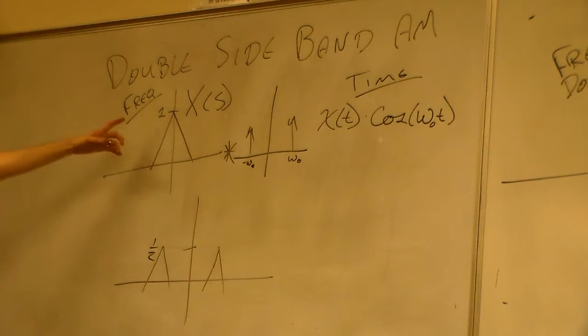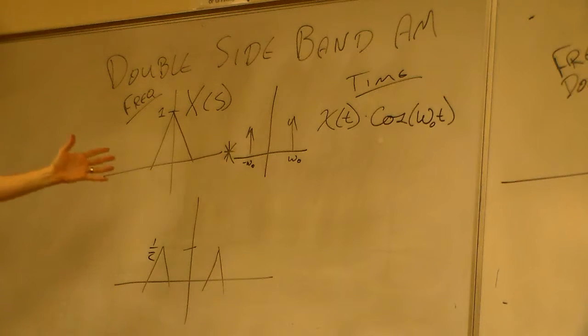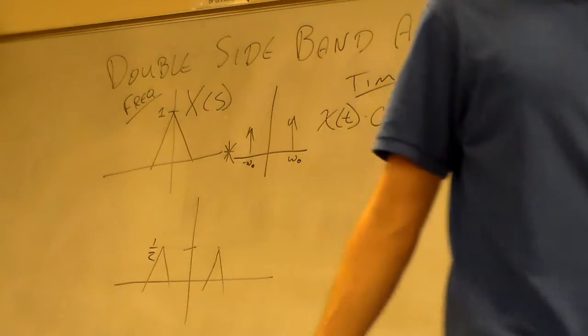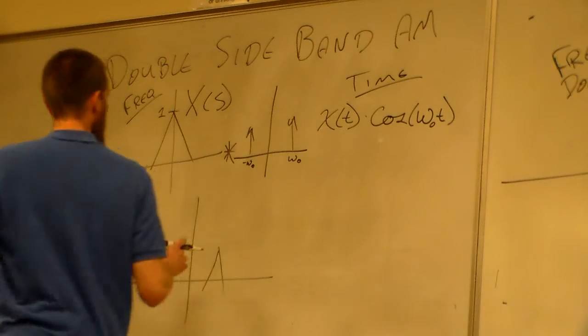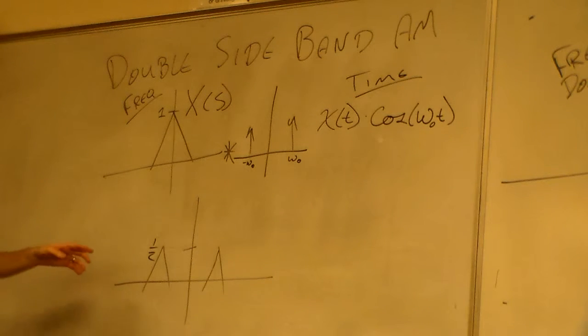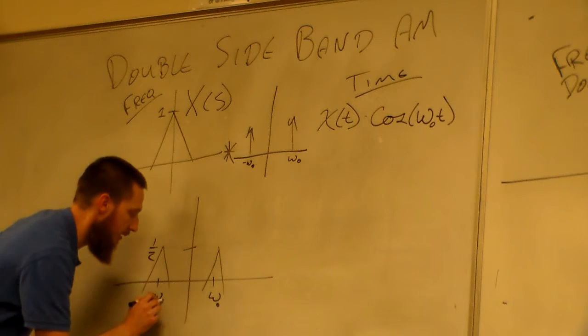Why is this one 1/2 and this one's 1? What equation can we use to show why that is? How about Parseval's conservation of energy type stuff? Okay, but yeah, you're right. It also splits it in half because the cosine is splitting it in 2. Now we've got two things, and these are both centered at omega naught and negative omega naught.